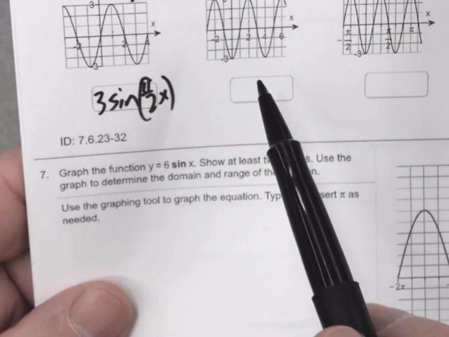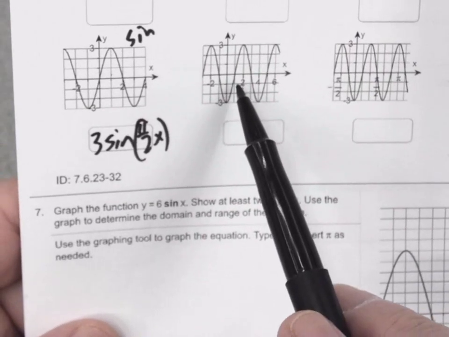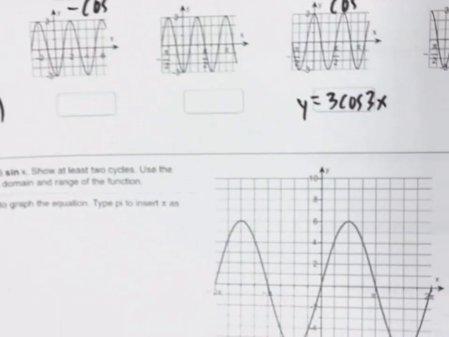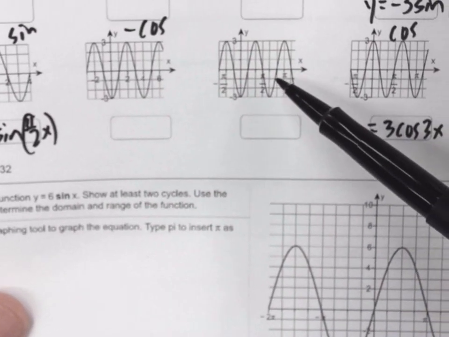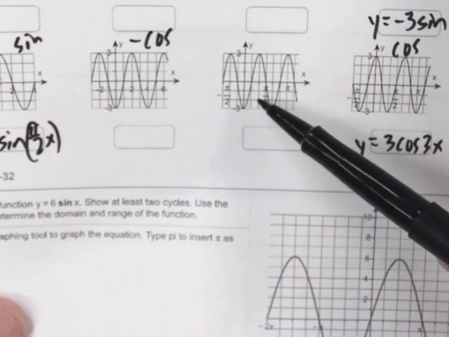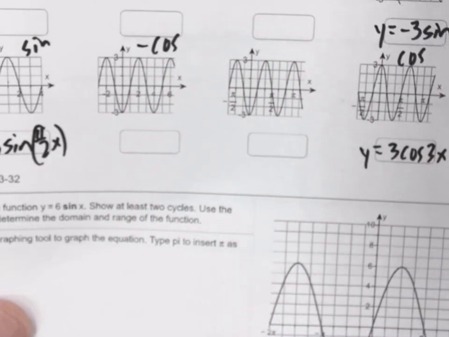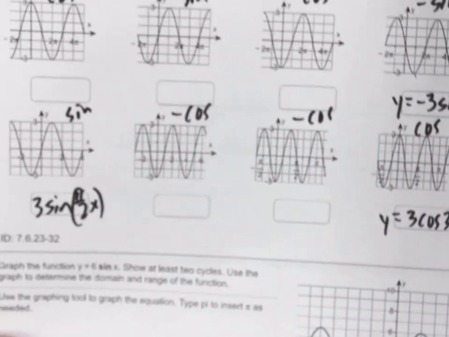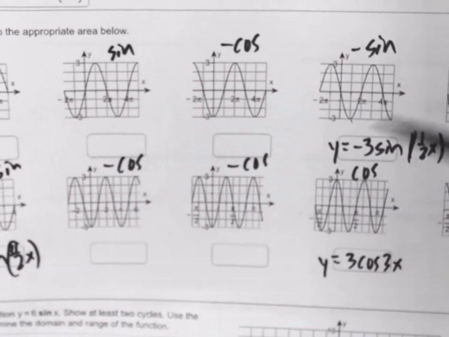Right here is a negative cosine. Another negative cosine, because at angle 0, it's down here. I think that's it. So once again, 3 possibilities. They're all right here. Which one's correct?